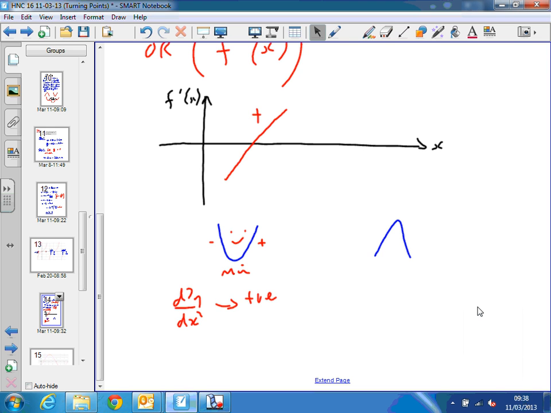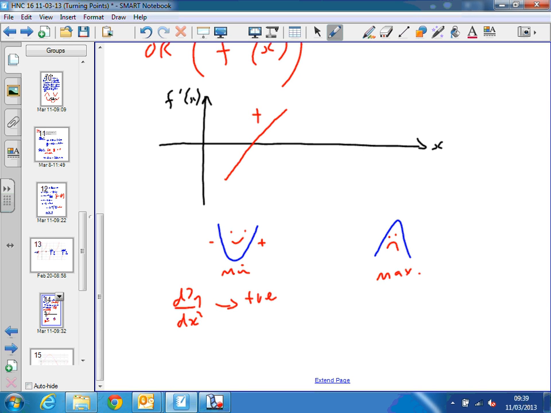So if we look at this, the second differential is positive. So that indicates a smiley face, and so a positive value for the second differential means a minimum value. Other way round, if we're looking at a sad face, that means a maximum.